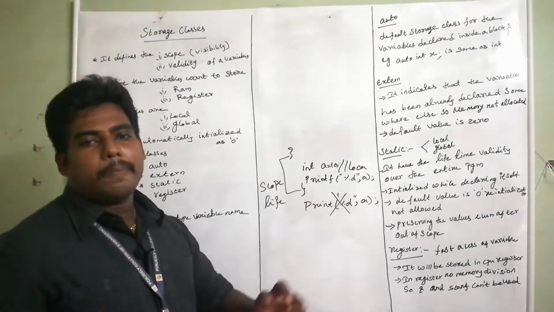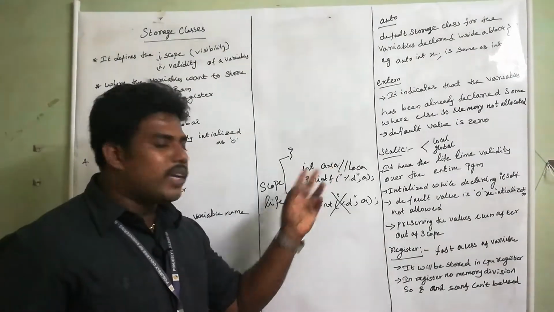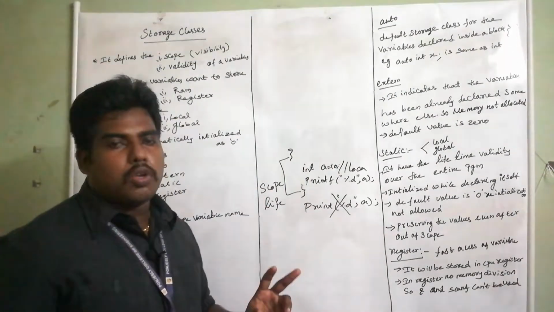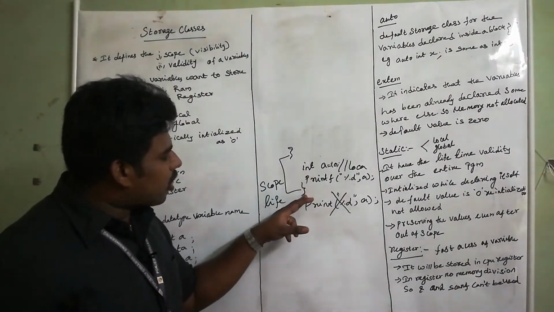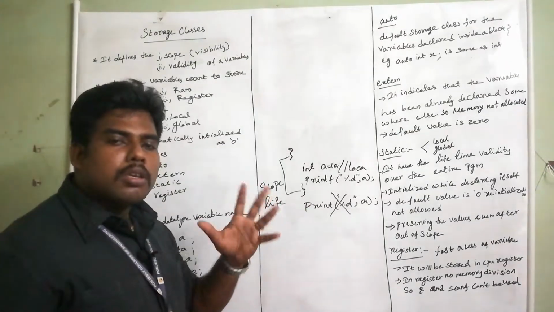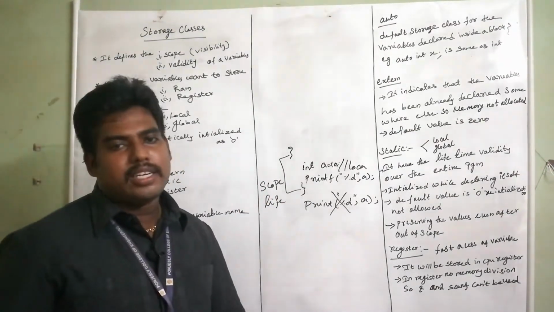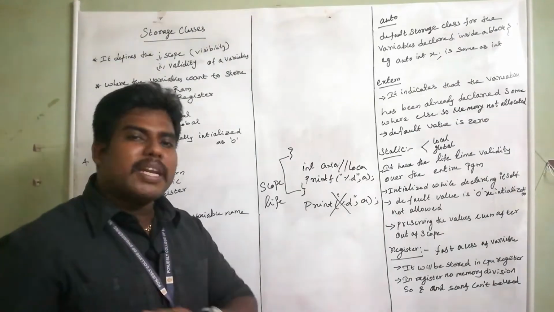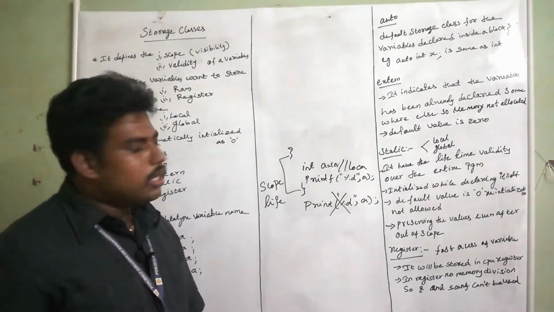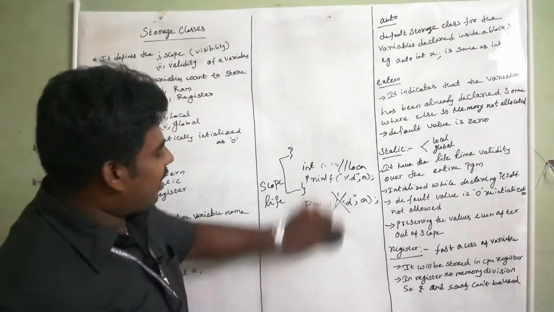This is the scope where I can use this variable, and how long it will be stored in the memory. Once A crosses this scope, it has no validity, it won't be stored in the memory, it will be deleted from the memory. That is scope and lifetime.